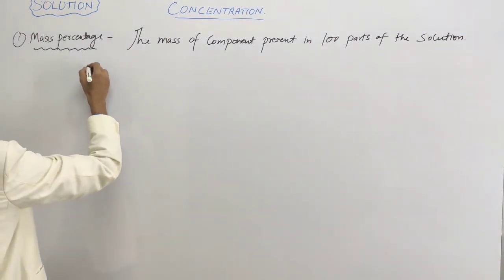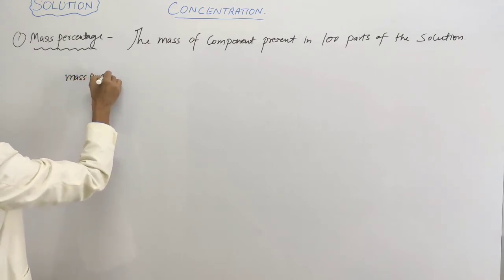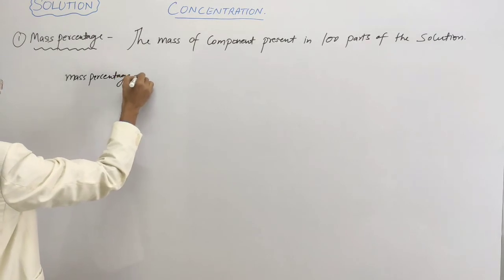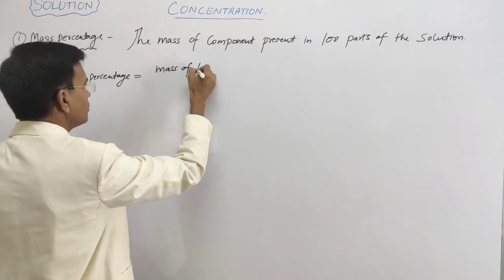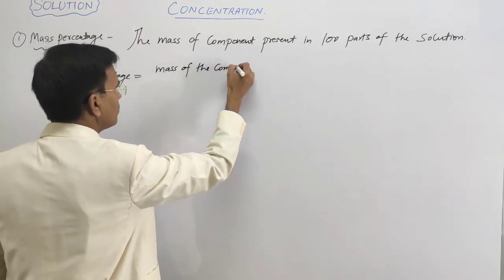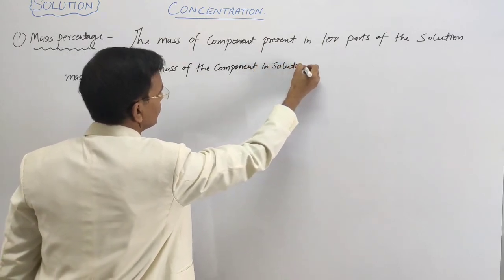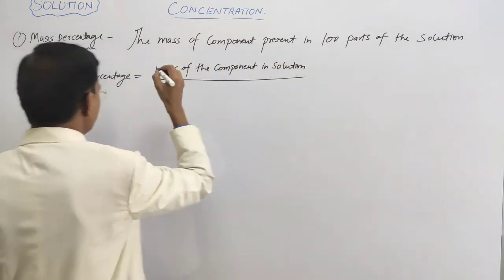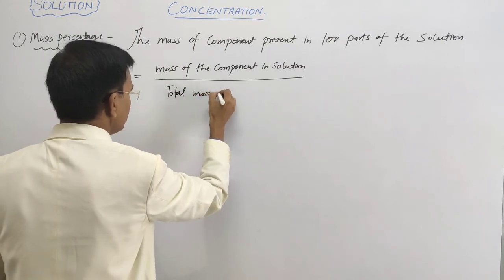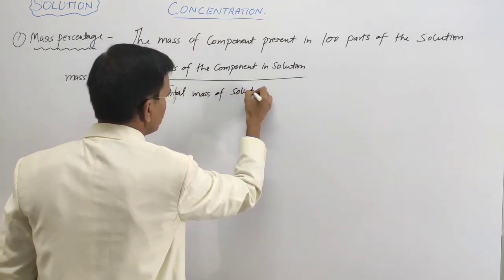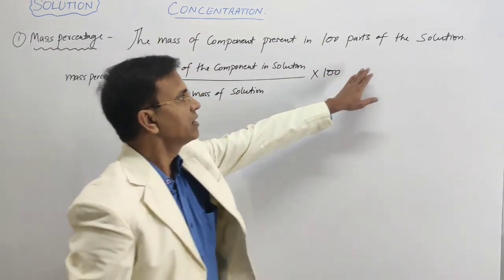So the formula: mass percentage is equal to mass of the component in solution upon total mass of the solution, multiplied by 100 to make it 100 parts, right?